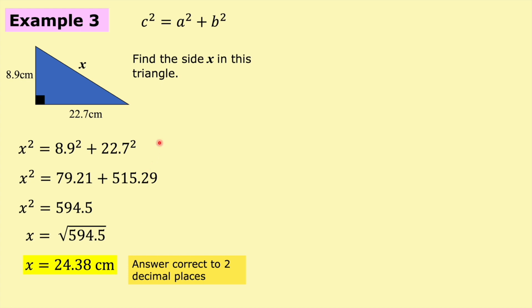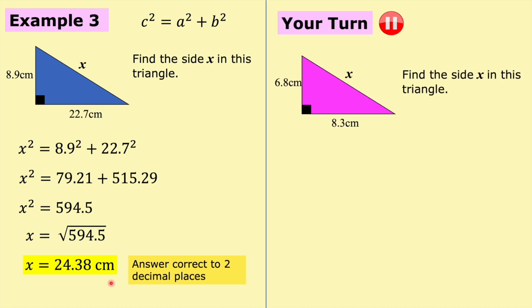So again, just reiterating the fact that we can use this formula with decimals, and just be really careful with your calculator input, making sure at the very end, you're rounding to 2 decimal places accurately as well. So using this example again to help you, pause the video here and calculate side x to this triangle.